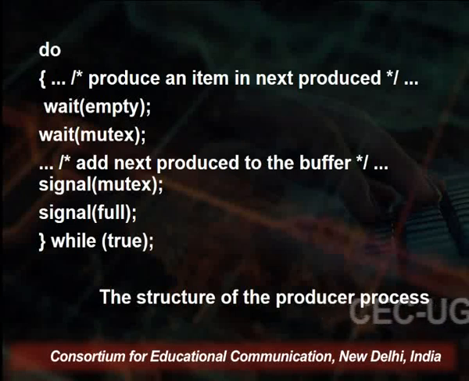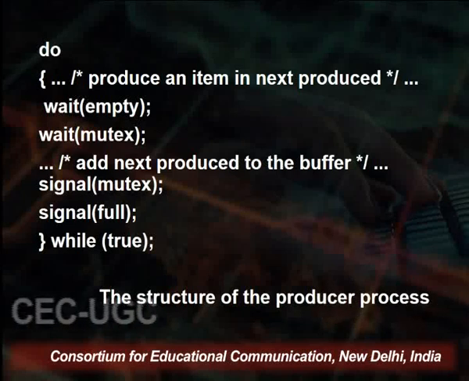So, that means in a way we have locked these two variables, and then the next produced item is being added to the buffer. Now, after the addition of the next item into the buffer, the producer process is done with its work.